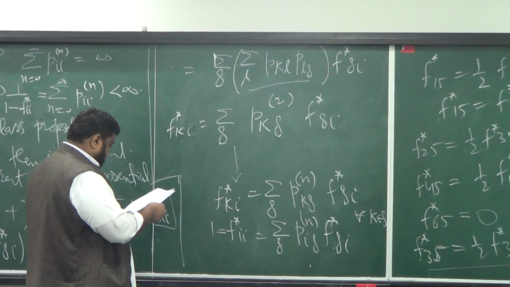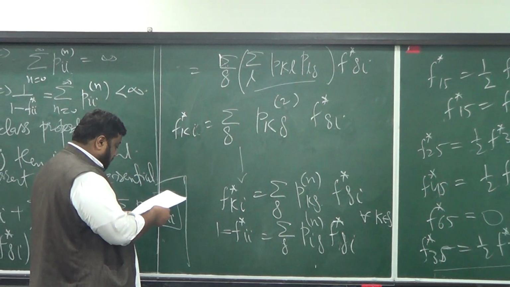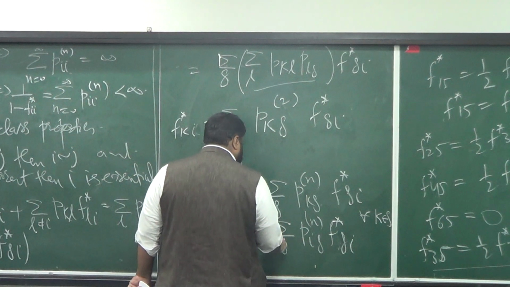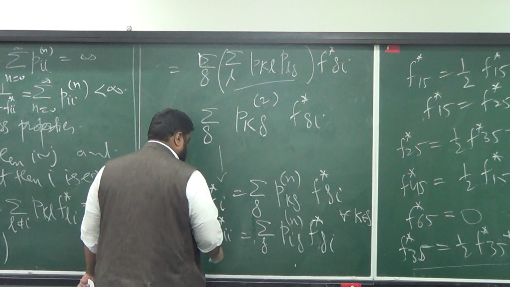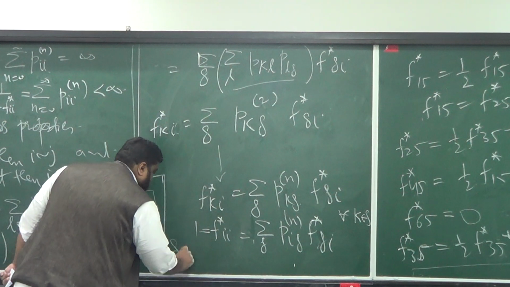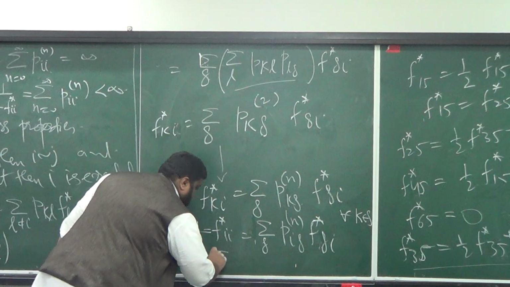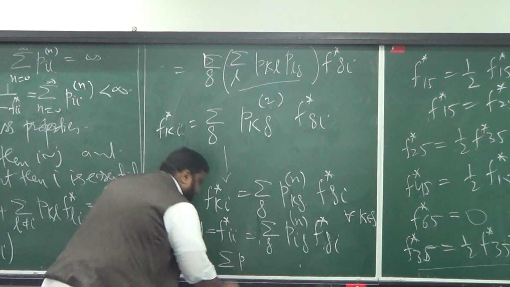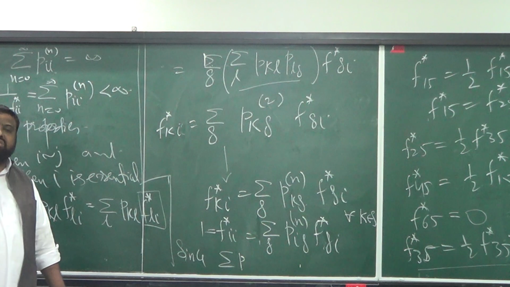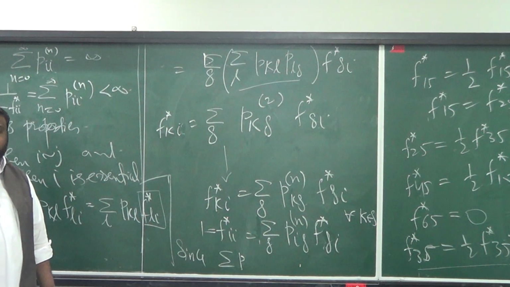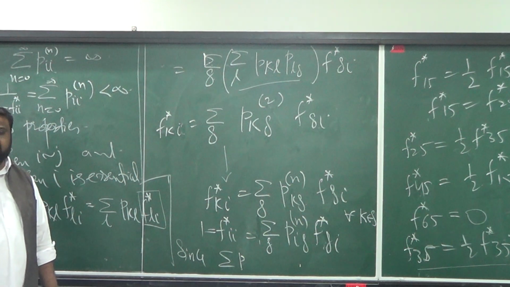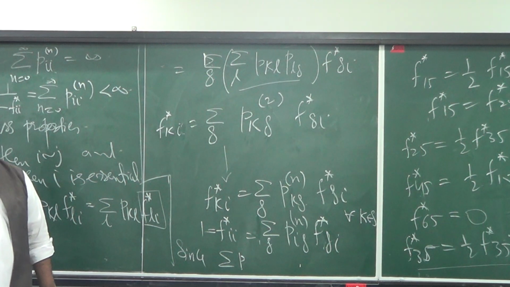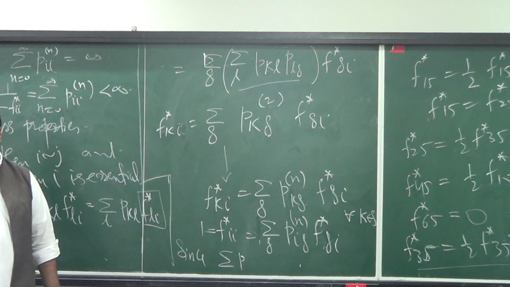Now what is this? Since you take an n-step transition matrix, I know the one-step transition matrix is a stochastic matrix, in which the sum of the row probabilities is 1.